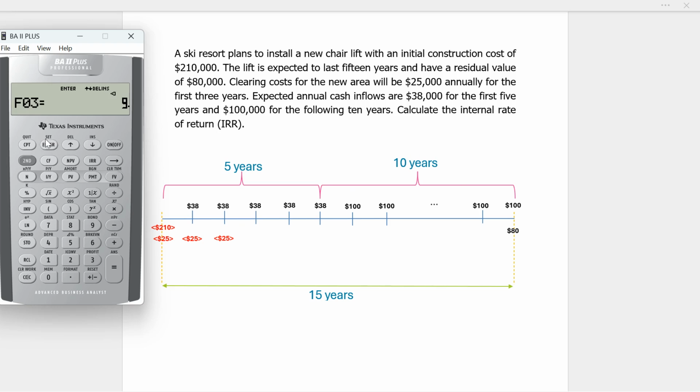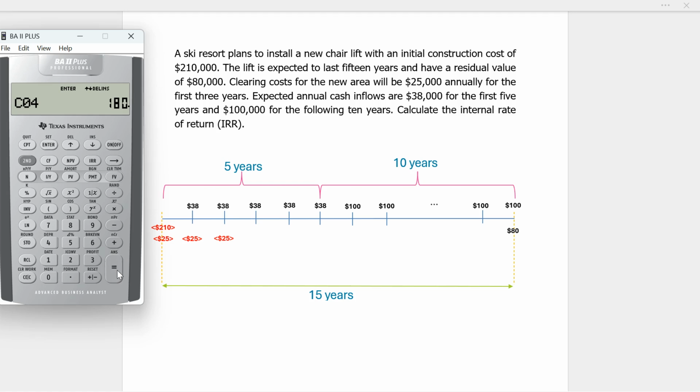Now it's time to enter the returns in year number 15. So I go down. In year number 15, as well as a return of $100,000, they expect a residual value of $80,000. So I'm going to add them together, 100 plus 80, enter.